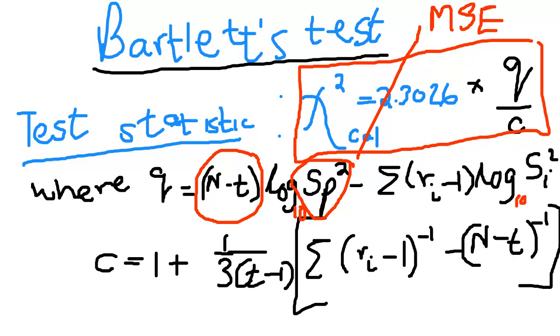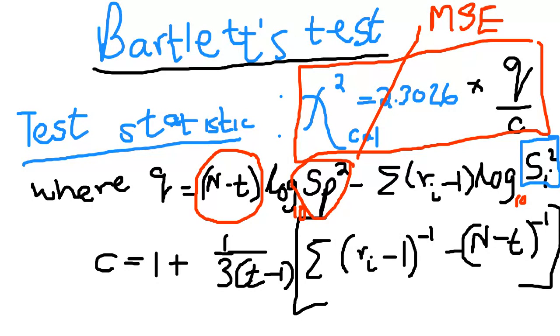Let me start with this one here. By now you know the meaning of this. This is the sample variance for each and every treatment. Suppose you have 4 treatments and 5 replications each.